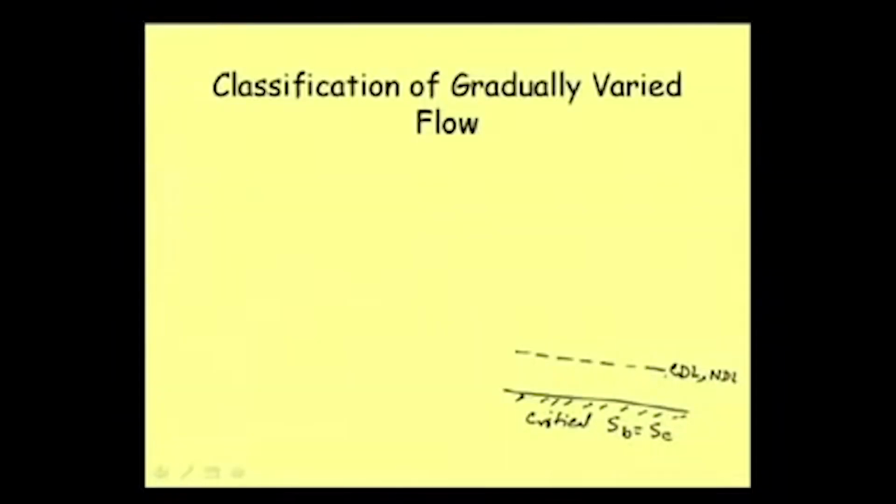And when we talk about classification of gradually varied flow, we cannot give a name to that, because this line is a uniform flow depth line. It is not a gradually varied flow. It is not varying depth. So neither can we give a name to this zone, nor can we say that a flow occurring here is, say, a 2 profile or something like that, because it is basically a uniform flow occurring on that line.